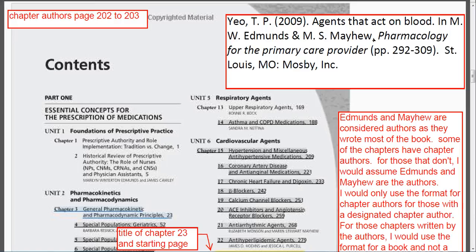If these were the editors, you would put editor here, but they're not editors, they're the authors, so I would leave out any designation. Pharmacology for the primary care provider, again in italics, which stops here, no punctuation, and then the page numbers of the chapter are in parentheses with the location and the publisher.